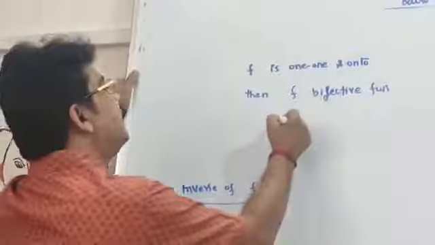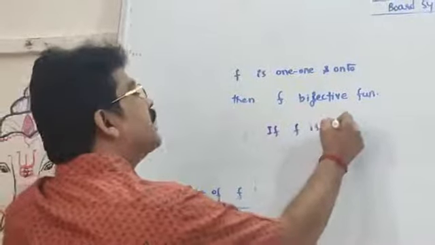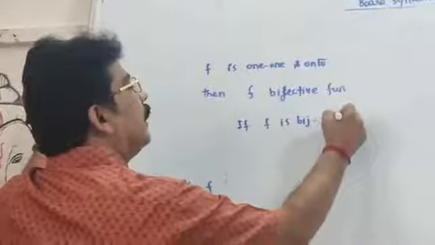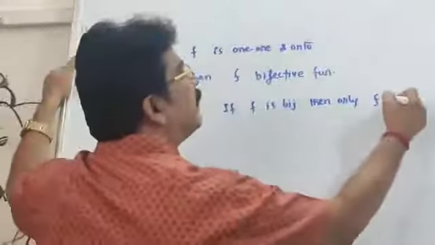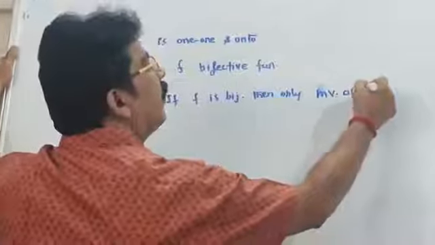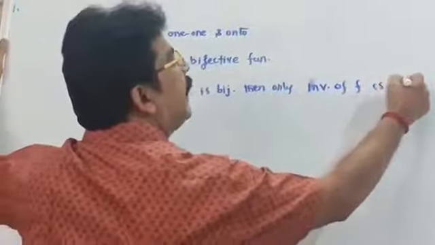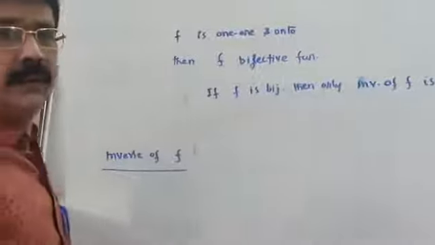Actually, if f is a bijective function, then only f inverse, or inverse of f, exists. Otherwise, it does not exist.